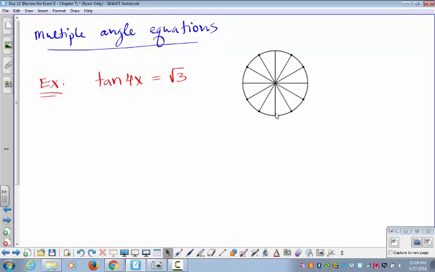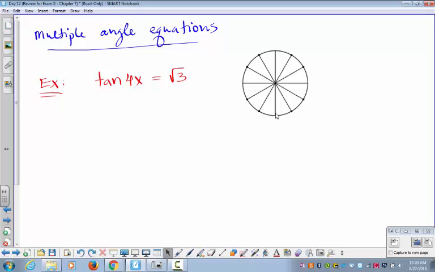And when we see a tangent value of root 3, we should be thinking 12-sector circle. And what quadrant should we be in? Definitely 1 and 3. So tangent is positive in quadrants 1 and 3.